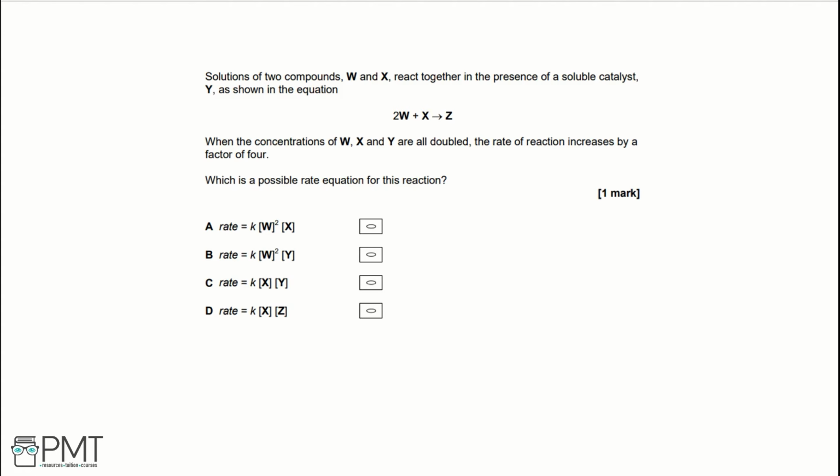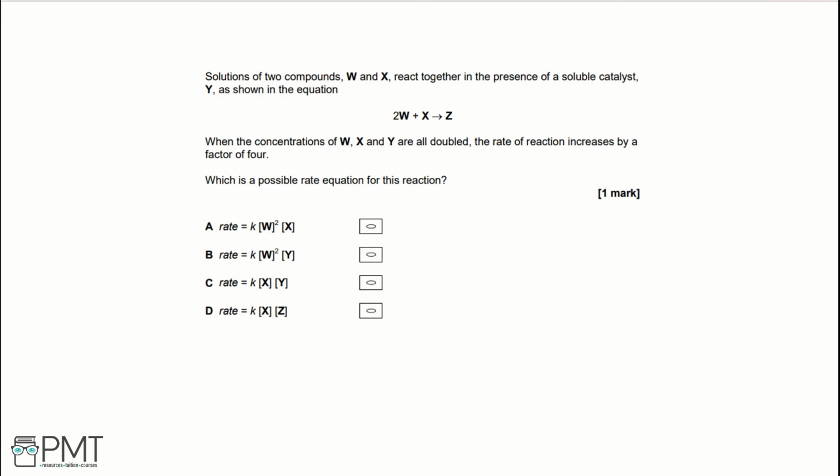A. Rate is equal to k times the concentration of W squared times the concentration of X. B. Rate is equal to k times the concentration of W squared times the concentration of Y. C. Rate is equal to k times the concentration of X times the concentration of Y. Or D. Rate is equal to k times the concentration of X times the concentration of Z.